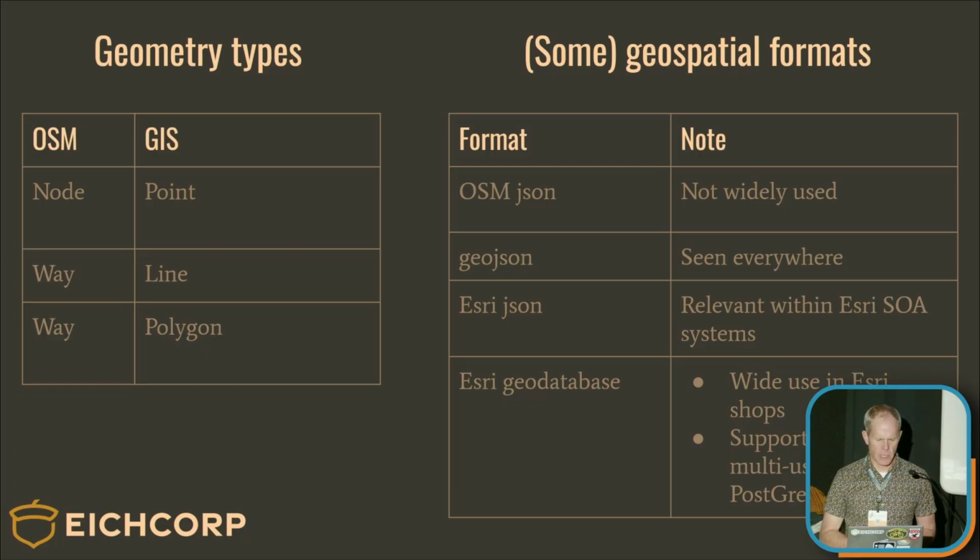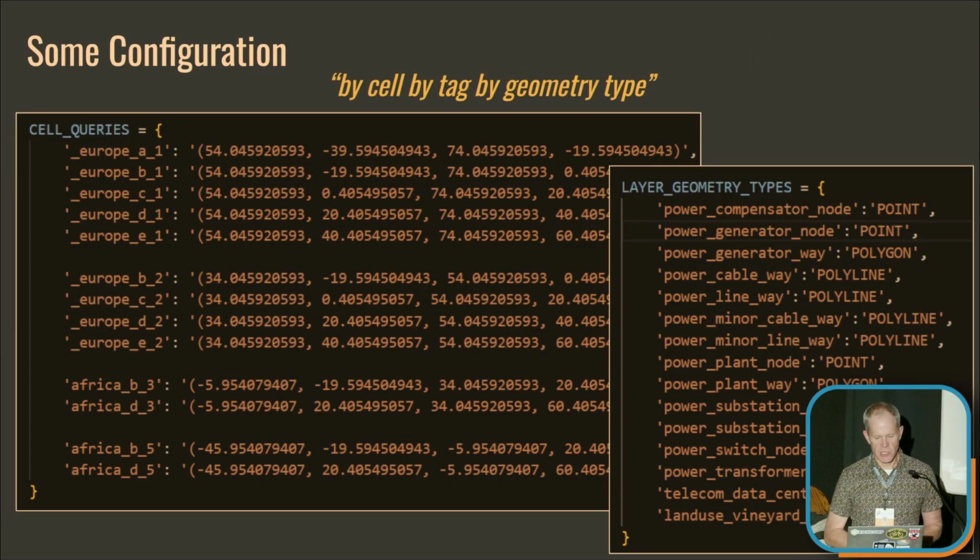And then we could talk all day about geospatial formats, but these are just the formats that are in play for this data transformation. I would say if you do any work in geospatial, you'll see GeoJSON pretty much everywhere. It's used a lot as an exchange format. And if you're working in the Esri space, their geodatabase format is pretty ubiquitous.